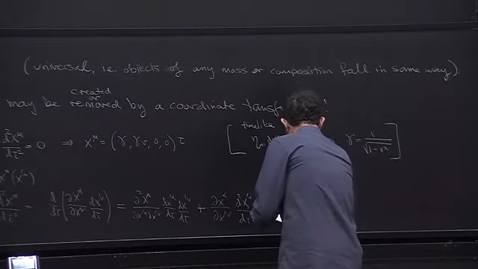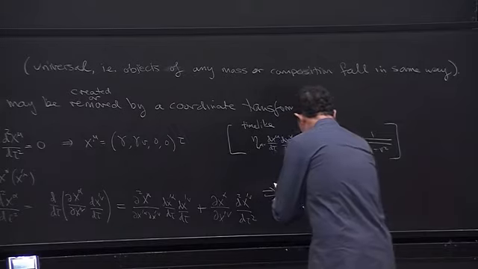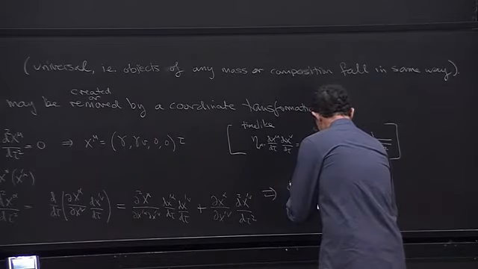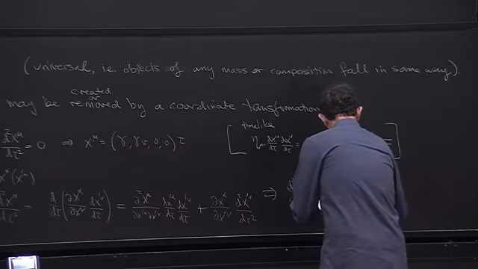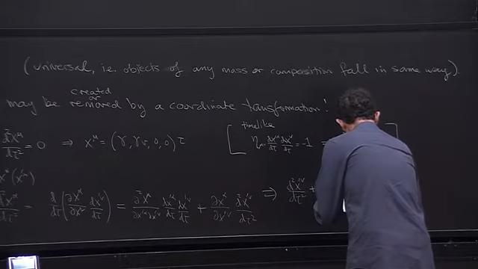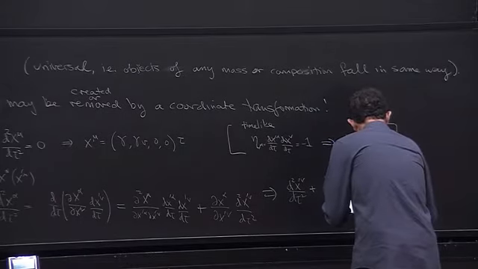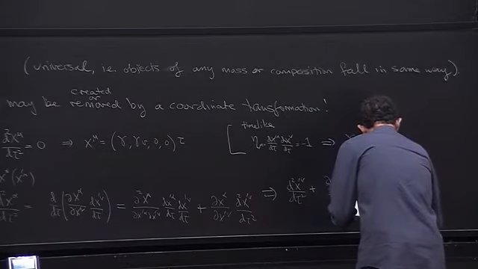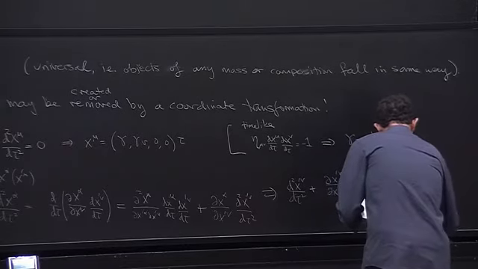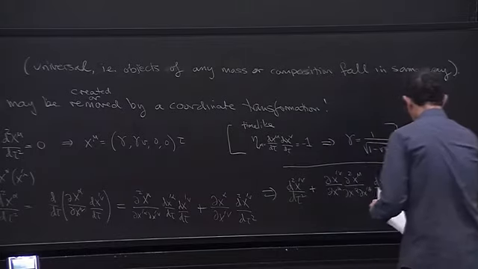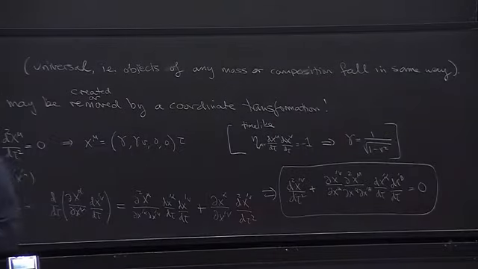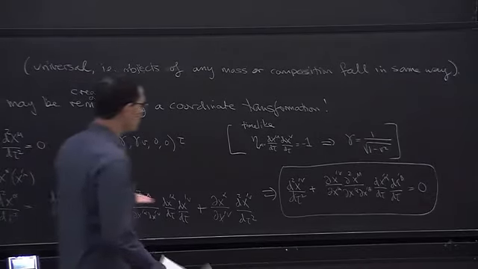d²x'^ν/dτ² plus (∂x'^ν/∂x^μ)(∂²x^μ/∂x'^α∂x'^β)(dx'^α/dτ)(dx'^β/dτ) equals 0. So in other words, the equation of motion of the particle in the new coordinate system involves a force.